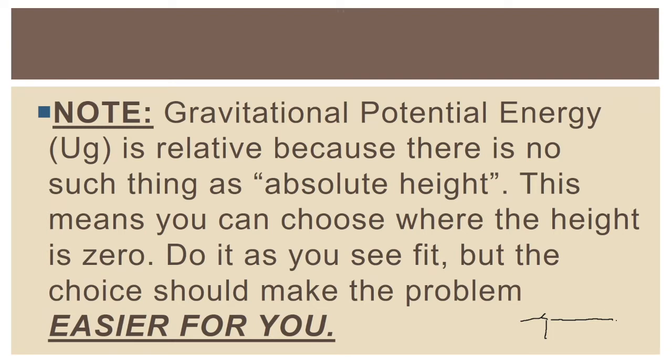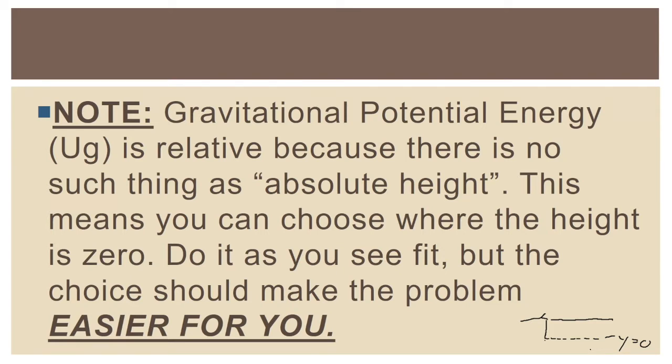You can make the zero height here and then say that the rock is below that, but that doesn't really make much sense. The most appropriate thing to do is to say the lowest point in the system is where y equals zero, and then base all of your height measurements on that choice. That is the idea behind the problem.